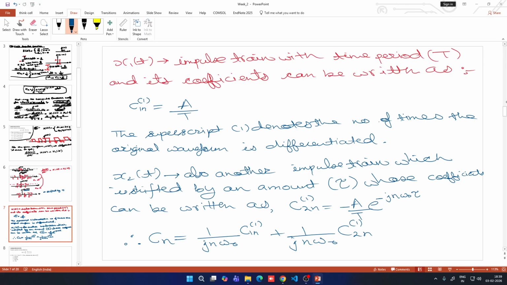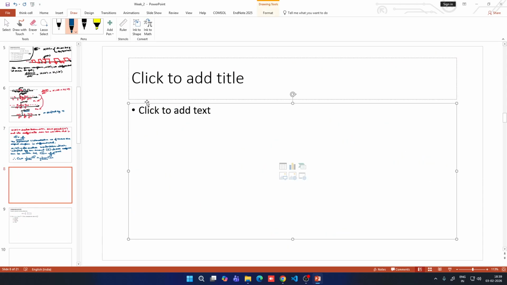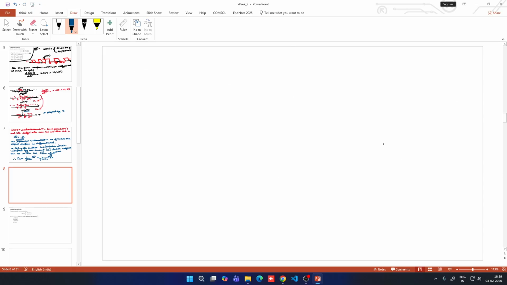C1n we have already seen. This is A by t, and C2n is this. So now we will just substitute it here. So I will write Cn as 1 by j n omega naught times A by t plus 1 by j n omega naught times minus A by t into e to the power minus j n omega naught tau.